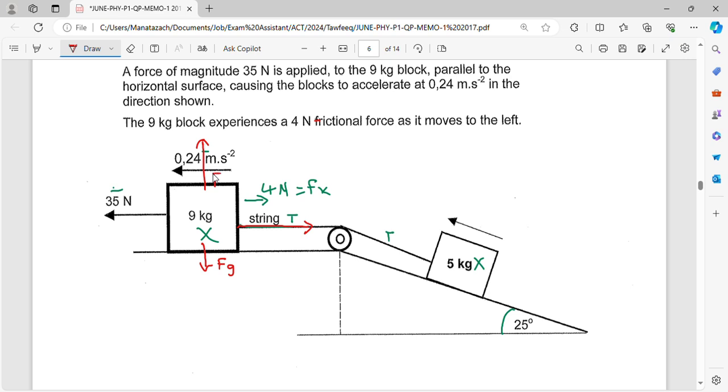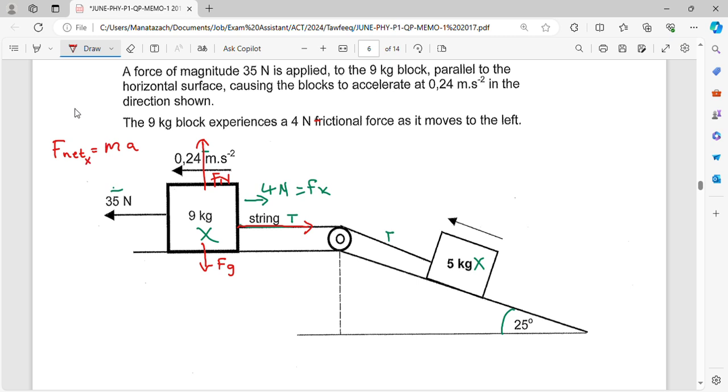As long as the block is resting on the surface, that normal force is in place. Obviously you've got the applied force of 35 Newton. So I would say the sum of the forces, or F net, which is the resultant force, is equal to mass times acceleration.